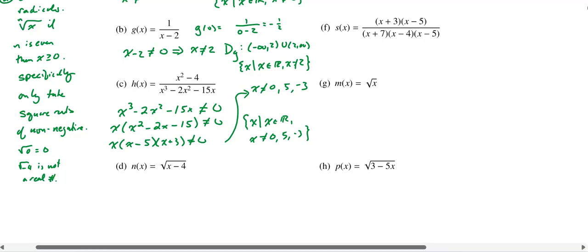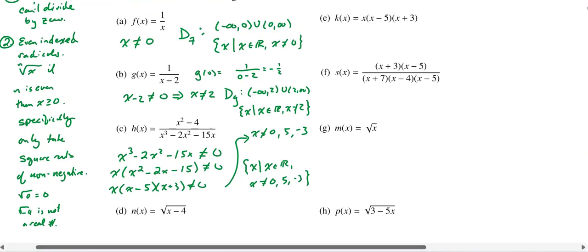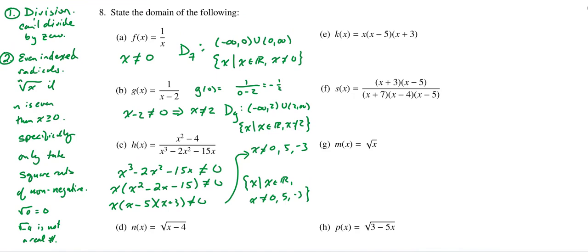Okay, so this is getting a little lengthy, but let's just see what we can do here, folks. In this problem here, we're being asked to state the domain. I didn't tell you what the domain of n of x is, so you're asking the question, what are all the numbers I'm allowed to plug in for x into this expression? Now, I believe that many of you are able to look at this and just identify the answer just from looking at it.